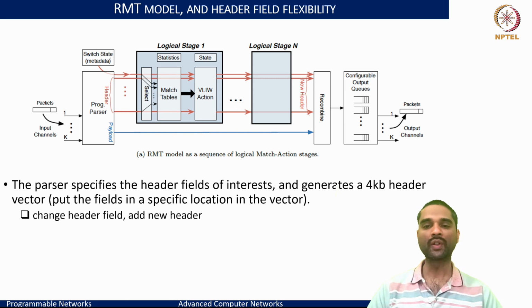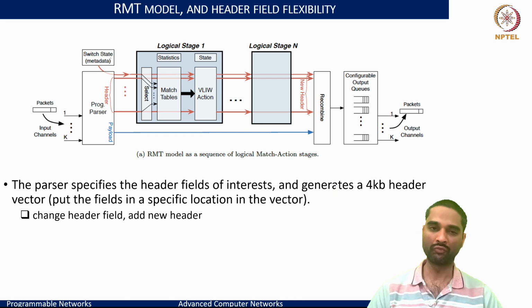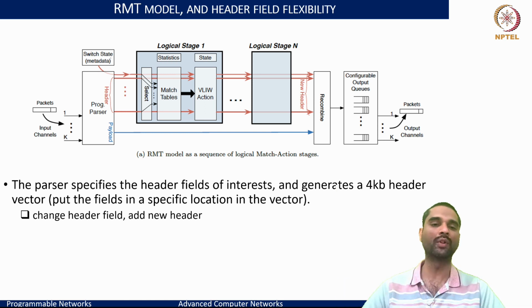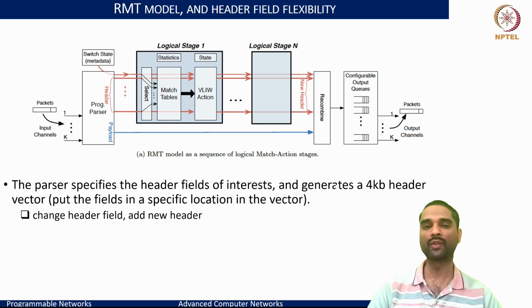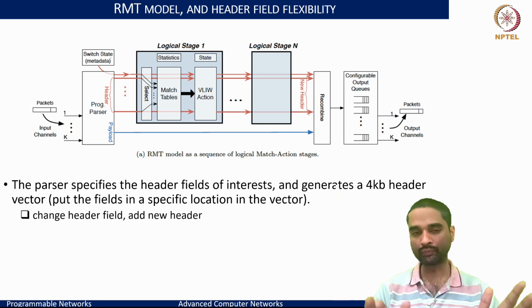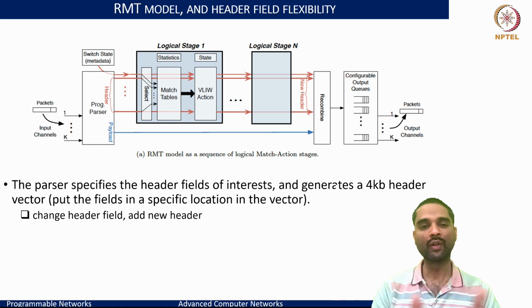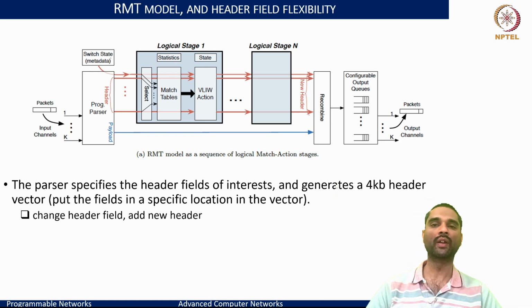And this readily now allows us to change the header fields without worrying about the contents of the payload, as long as we are able to match them up properly, and also add newer headers or alter the headers completely at any of the stages and still be able to stitch the entire packet.